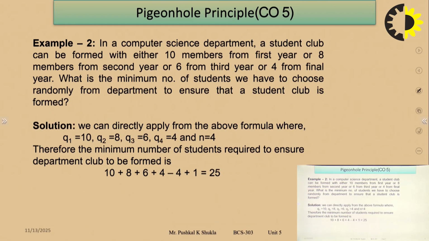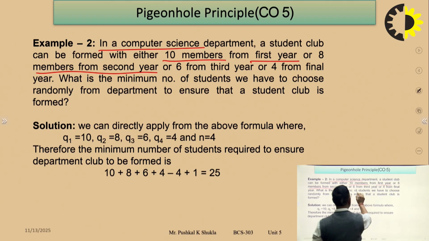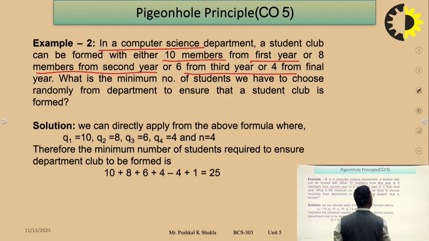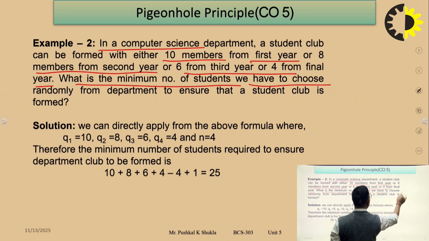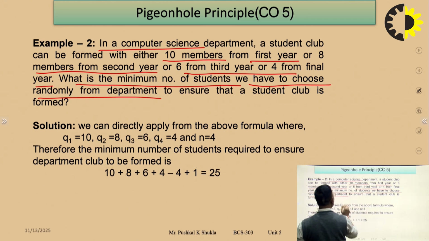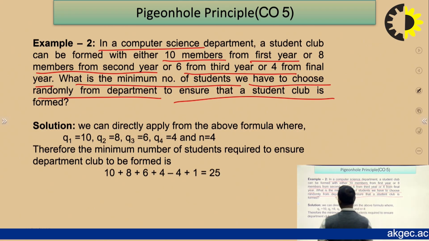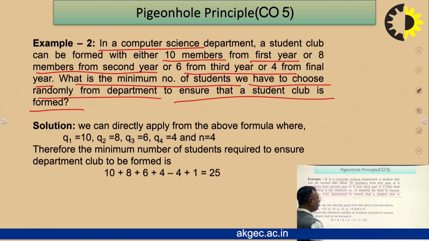Another example: in a computer science department, a student club can be formed with either 10 members from the first year, or 8 members from the second year, or 6 from the third year, or 4 from the final year. What is the minimum number of students we have to choose randomly from the department to ensure that a student club is formed? We can directly apply the above formula.